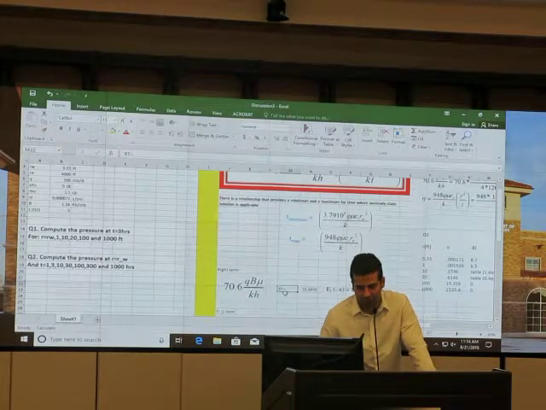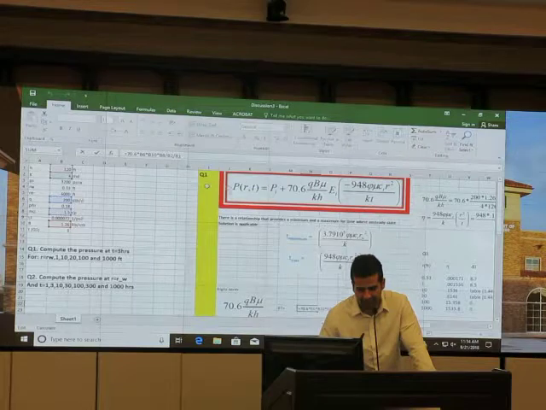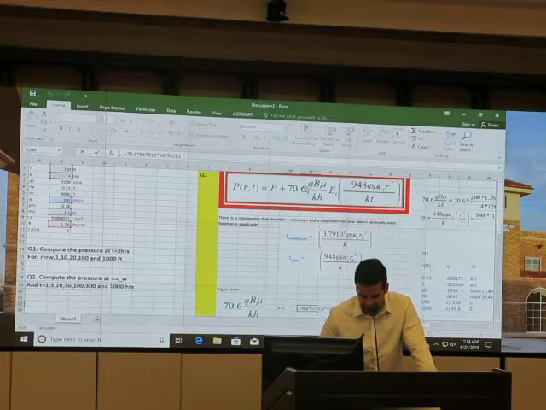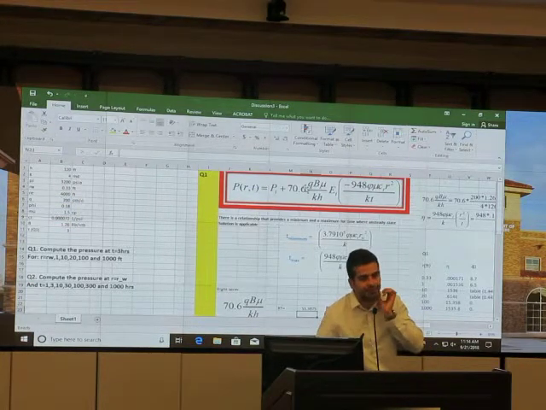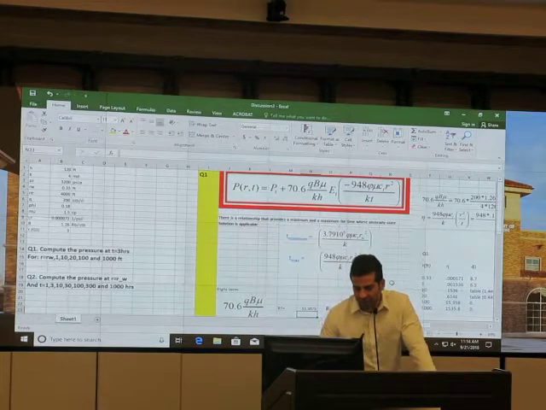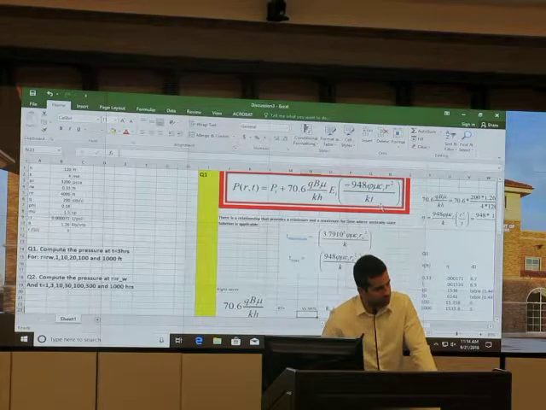I call it the right term, and I calculate it from the given value. So this value is the same.